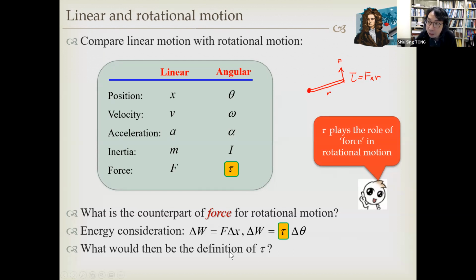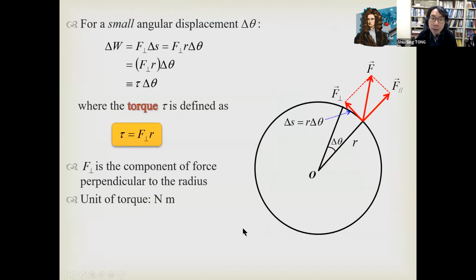And then how would it be? Eventually, we will find that the torque is exactly what we got, F perpendicular multiplied by R. Let's see why. Now we consider a force acting on an object in rotation about the origin O, and the rotational radius is R. So the force acts in this direction.